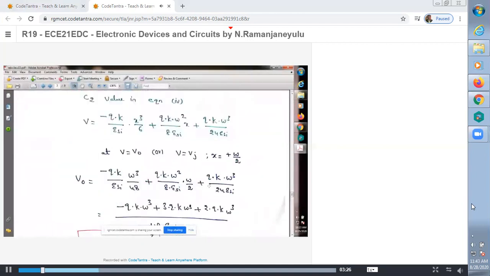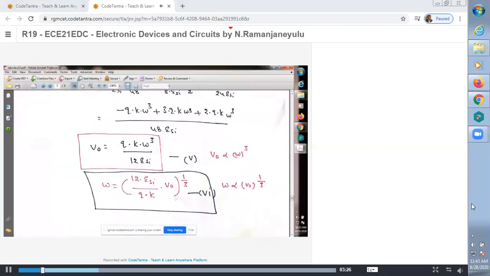Here finally we derived W like this, right? W is equal to 12 into epsilon Si by Q into K into V naught, whole to the power of 1 by 3.